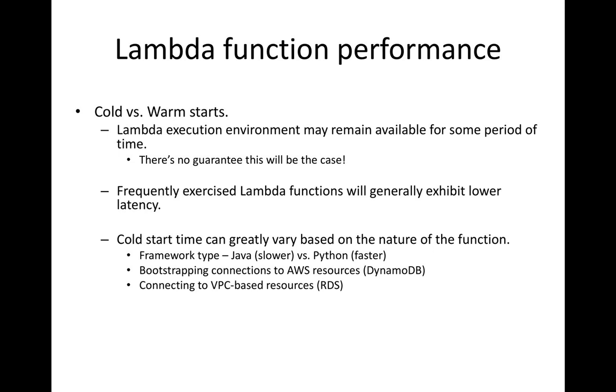And then finally, if a Lambda function needs to communicate with resources within a VPC, then that can significantly increase the amount of time that's required for the cold start because a VPC connection requires an IP address. So the Lambda actually has an IP address within the VPC in order to connect with other private resources within that VPC.